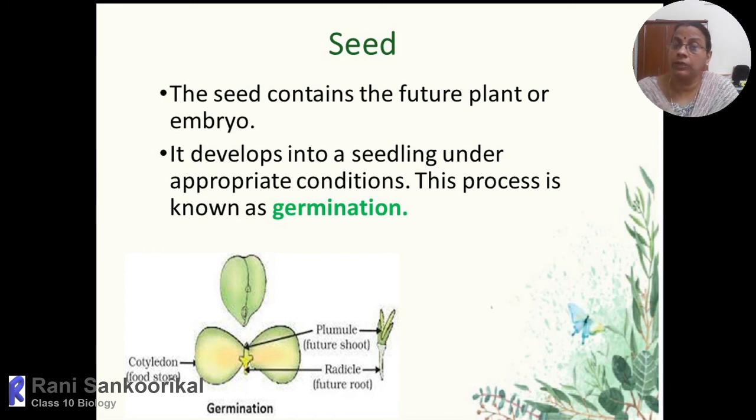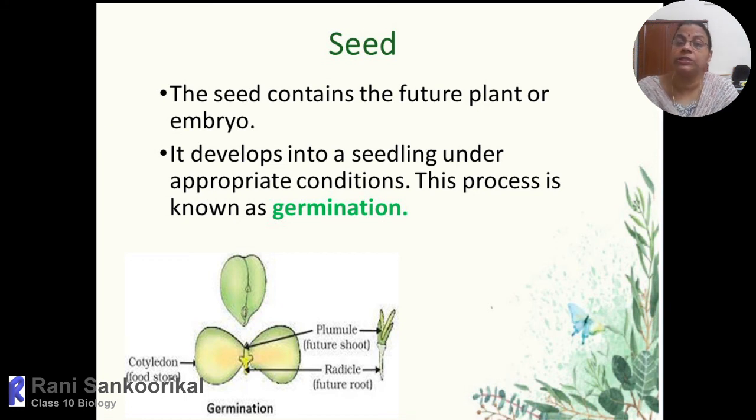Then after 12 hours, you can keep it on a moist cotton pad, and you can observe the changes, and you can very easily dissect the parts of the seed. There will be a plumule, which will later develop into the stem, a radicle, downwardly directed, that will develop into the root, and two cotyledons in the case of a dicot.